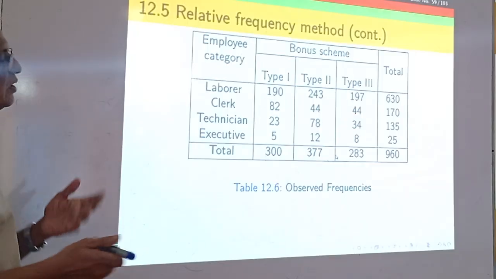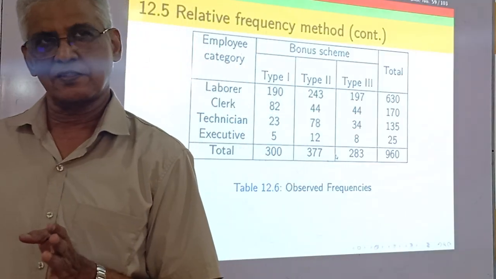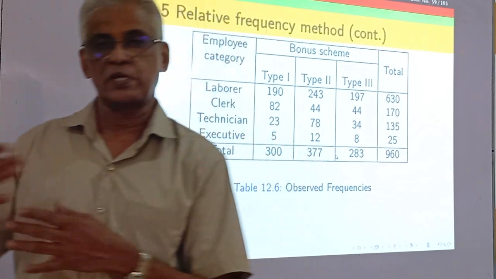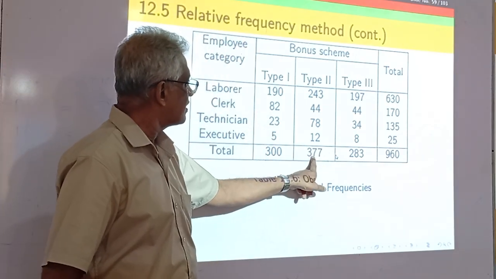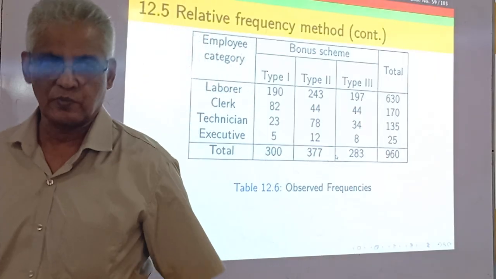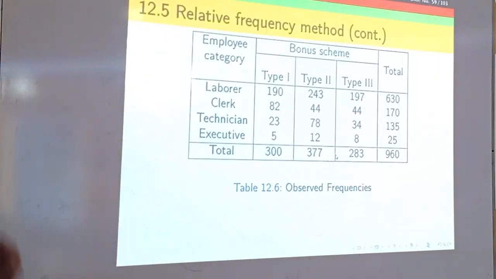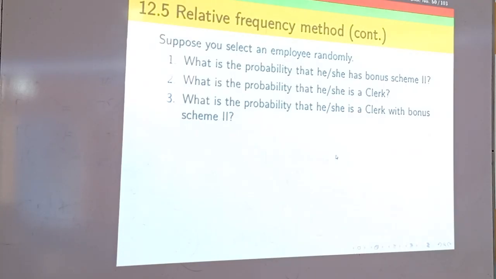If you ask what is the probability that the person has type 2 without telling anything else, that is unconditional probability. The probability that the person has type 2 is equal to 377 divided by 960. That is the unconditional. Such probabilities are important for us to look at conditional probabilities. What is the probability that the person is a clerk?